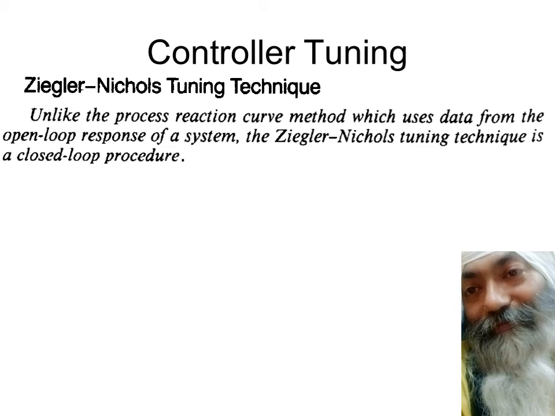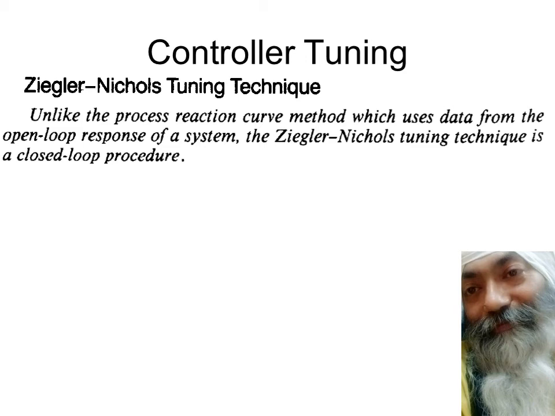It's very simple. You follow three steps. In the first step, you don't open the loop. You bring the entire process to the set point and stabilize it somehow, manually, automatically, by hit and trial, whatsoever manner.